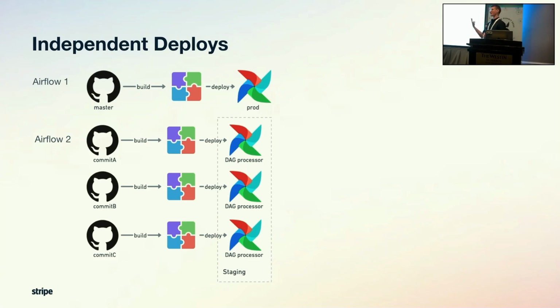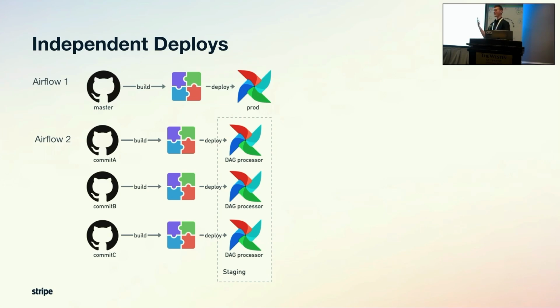So we can define through Bazel the dependencies of individual DAGs and all of their dependencies. And what this allows us to do is have, within a single Airflow cluster, people who are running their DAGs on different git commits.